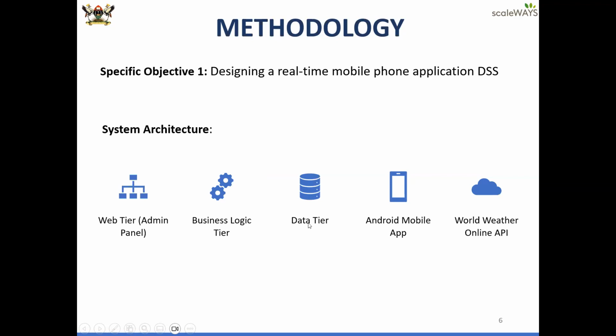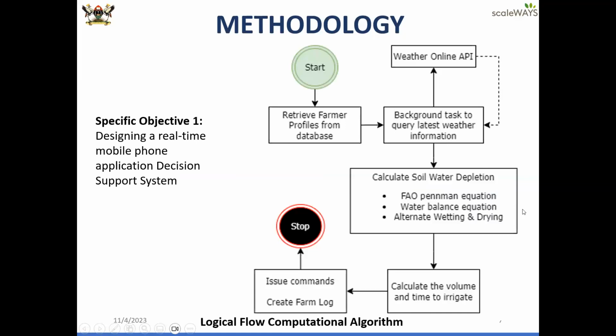And then the data tier for storage of information, and then everything is relayed in the computer web system or on the mobile app, which is the tool that the farmer uses. And then all this links to the Weather Online application programming interface that is helping in relaying the forecast information. So the weather API is connected, and the farmer information is registered in the database.